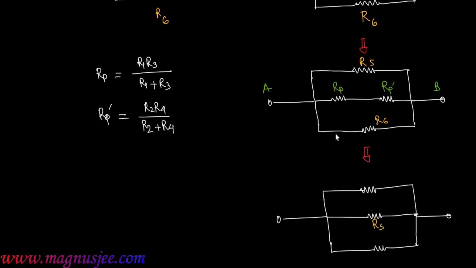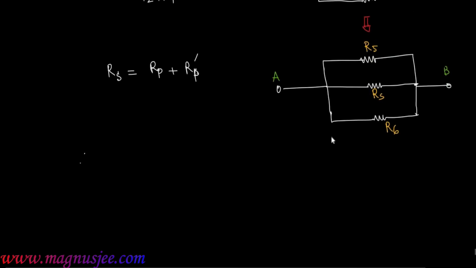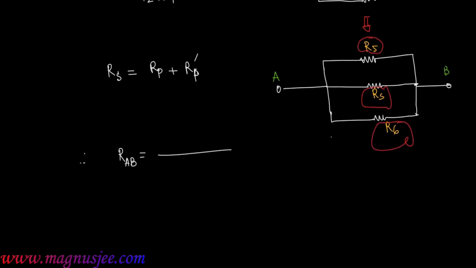So here R5, R6 and Rs, where Rs is the equivalent resistance of Rp and Rp prime. Rs is equal to Rp plus Rp prime, that is the equivalent resistance of the series combination of the two resistors Rp and Rp prime. What will the equivalent resistance between A and B be? R5, Rs and R6 are connected in parallel combination. Therefore, Rab is equal to R5 Rs R6 divided by R5 Rs plus R5 R6 plus R6 Rs.